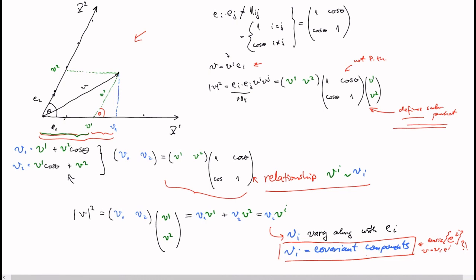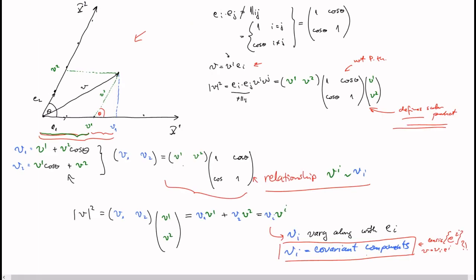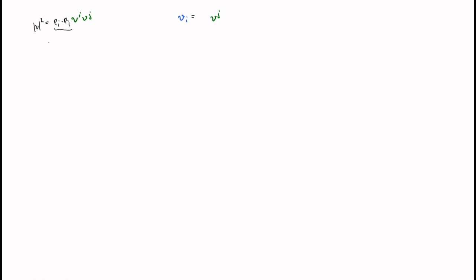So let's give this matrix a name. v squared is equal to e_i dot e_j v^i v^j, and we have that the blue component v_i is equal to this matrix contracted with v^j, the very same matrix that determines the law of the scalar product. So you call this matrix g_ij.